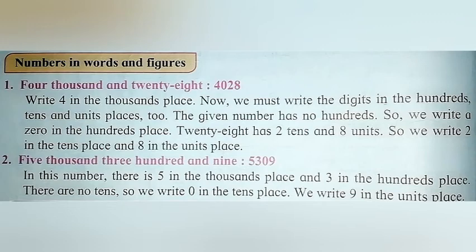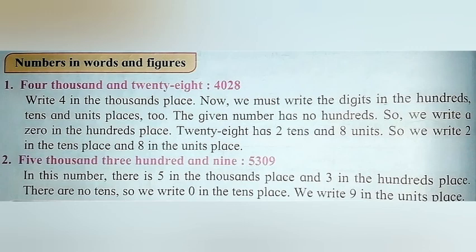Now, there are two examples given here in words which we have to convert into figures. Write 4 in the thousands place. Now we must write the digit in the thousands, hundreds, tens, and units place too.